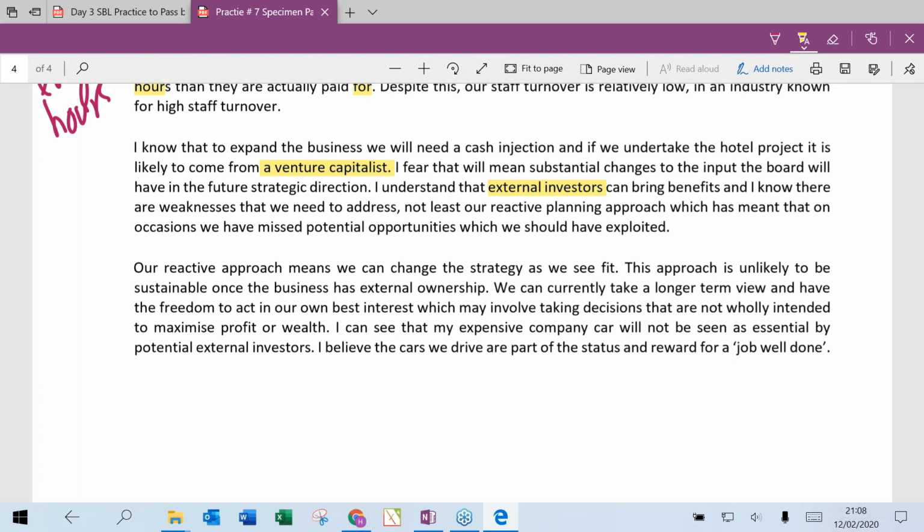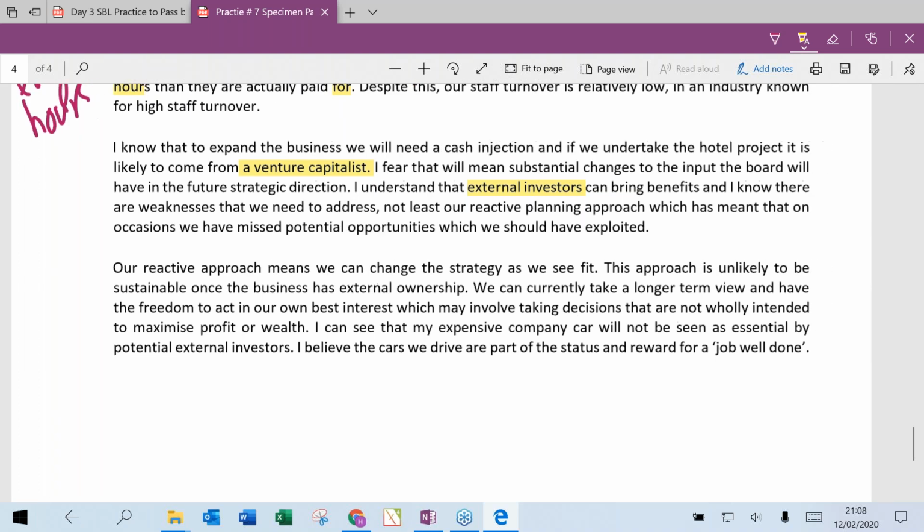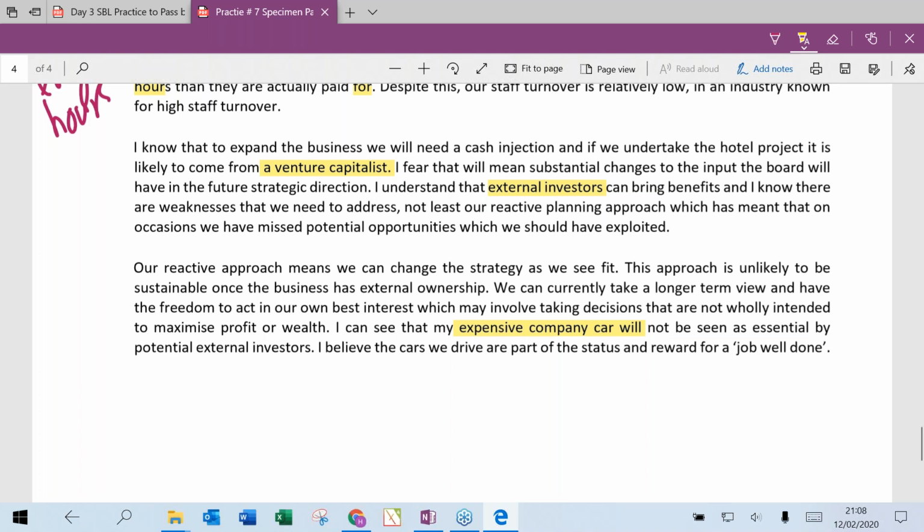I can see that my expensive company car will not be seen as an essential by a potential external investor. I believe the cars we drive are a part of the status and reward for a job well done.